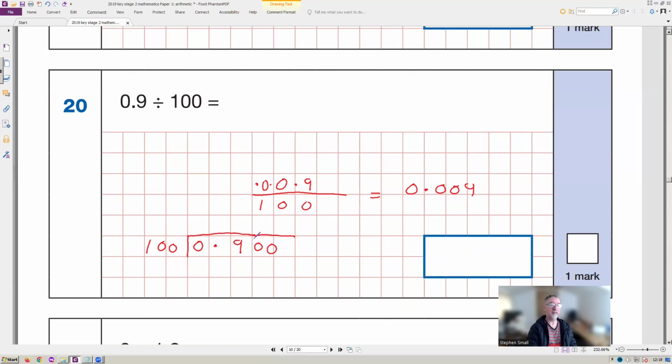Do you know what I mean? So that means that 0 didn't go. So now 190, that won't go. So I have to move the 9 over again. Move it over to say 900. 100 into 90 didn't go, so I have to move it effectively to say 90 there. This reads as 900. 100 into 900 goes 9. So it does work, 0.009.